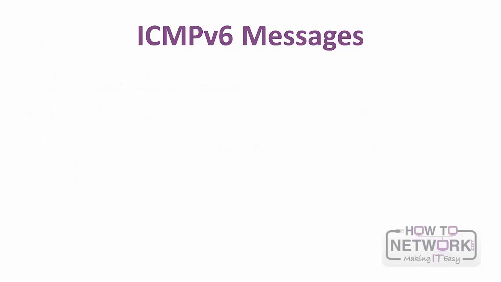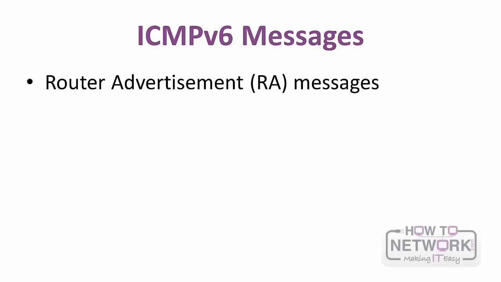ICMPv6 is a much more robust protocol than the ICMP for IPv4. ICMPv6 contains new functionality and improvements. Neighbor discovery uses ICMPv6 to exchange the messages necessary for its functions, specifically 5 new ICMPv6 messages. Router advertisement (RA) messages.